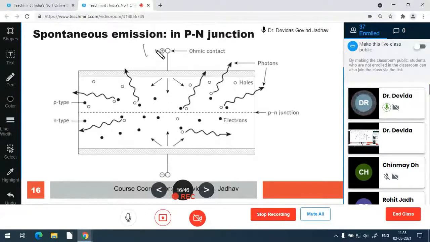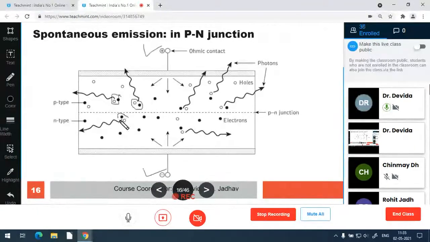Whenever a positive terminal is connected to p type and a negative to n type, this becomes forward bias, and a large number of minority charge carriers transit through the junction. A large number of hole carriers come into the n region, and a large number of electron carriers go into the p region, so the recombination probability increases.